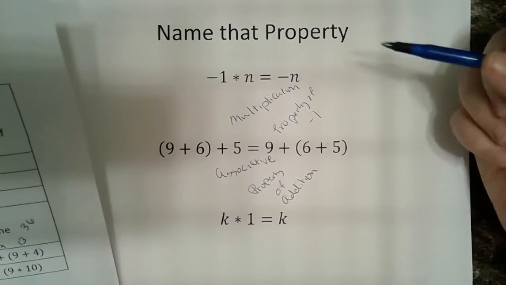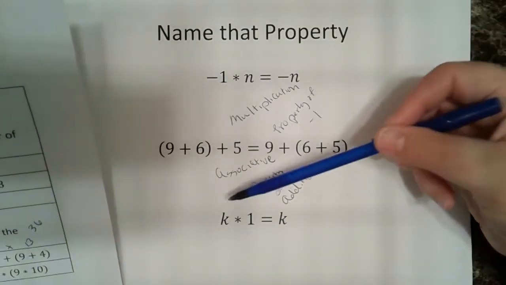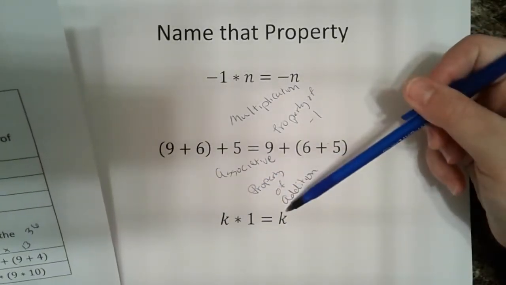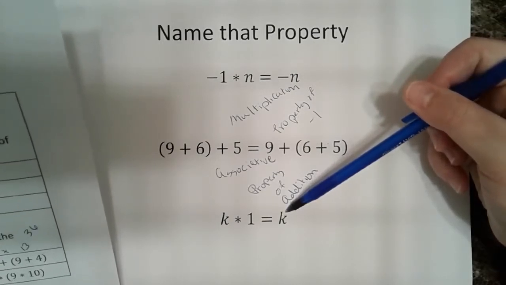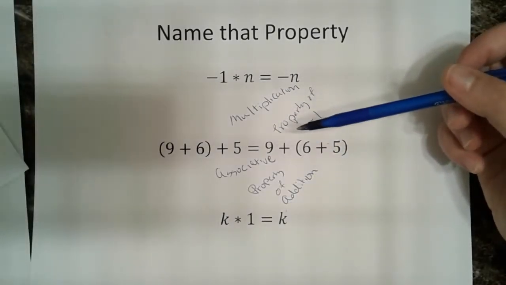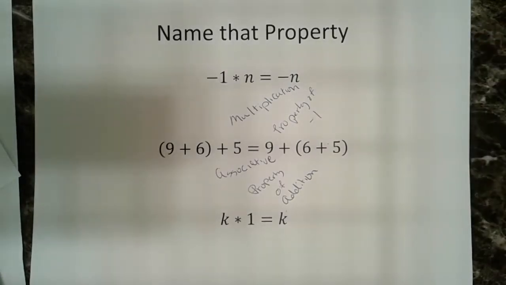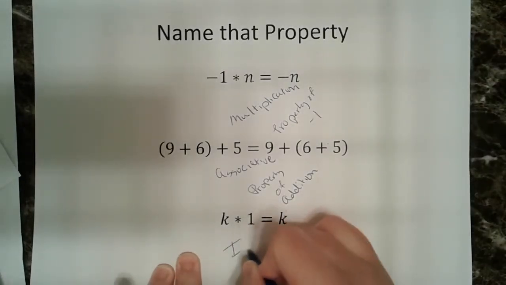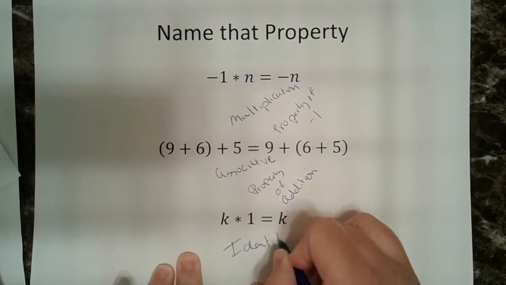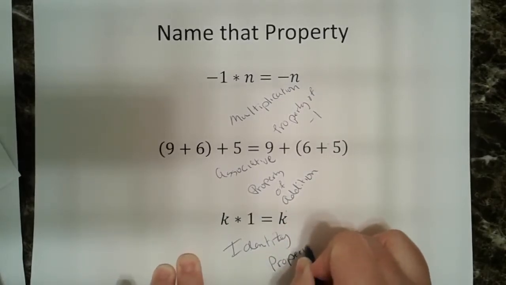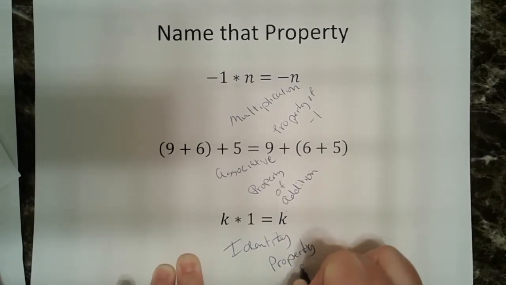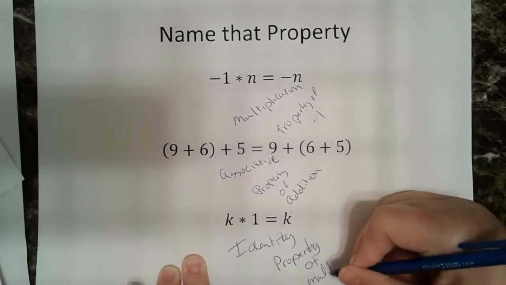All right. So looking at this, k times 1 equals k. Well, that's identity, isn't it? What identity property is it? Good, it's identity property of multiplication. Whoops, sorry.